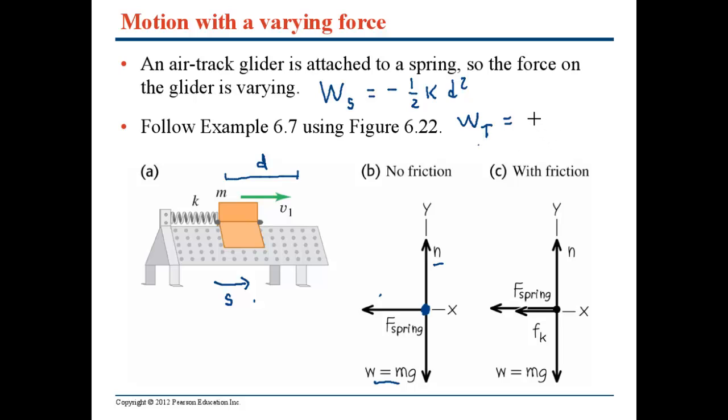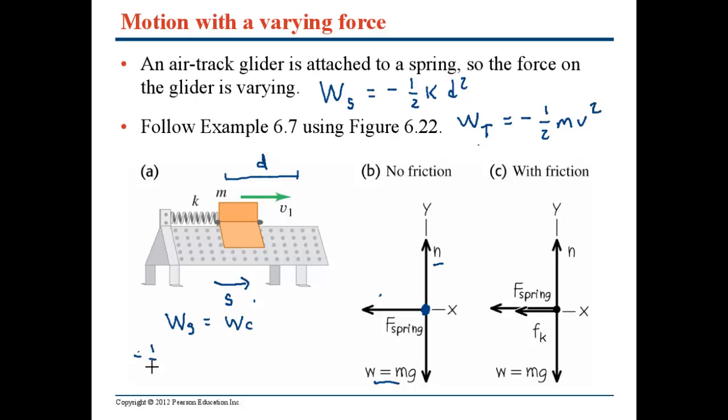The work done, thinking about the kinetic energy theorem, is going to be 1/2 mass velocity squared, and it slowed the cart down, so the work is also going to be negative. It's going to happen in the opposite direction. Now we can say the work done by the spring must be equal to the work done on the cart.